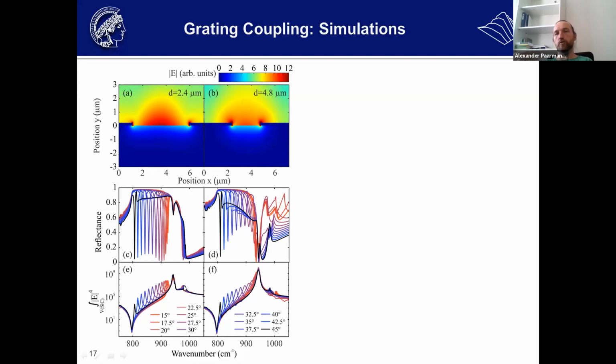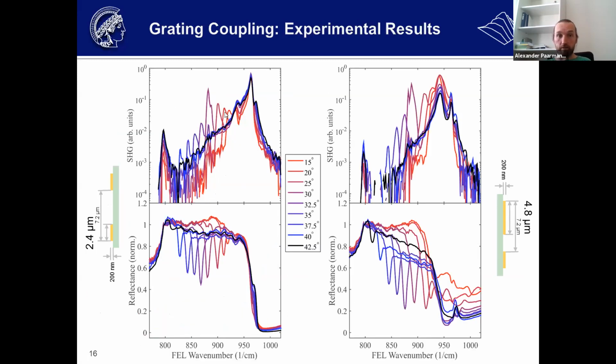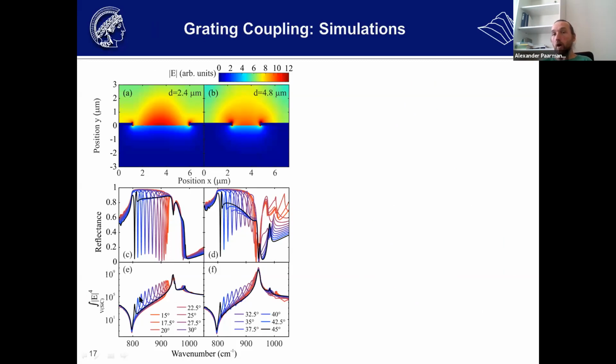But then, in order to at least estimate the second harmonic yield, we essentially integrated over the field enhancement to the fourth power, like what we in the end detect in our experiment. And if you compare the shape of the curves and the relative magnitudes, you see very qualitatively similar spectra for this brute force estimate of the second harmonic yield.